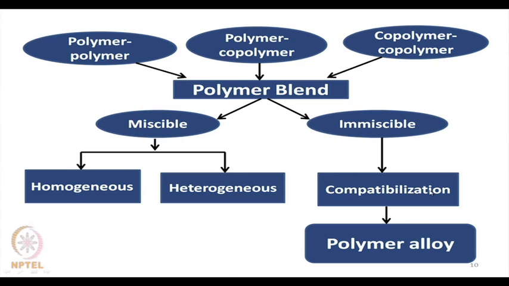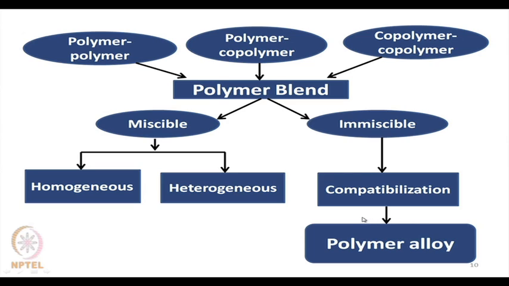That is done through compatibilization, and ultimately we get a polymer alloy, or solid solution, of two different component polymers. This way we can get multi-component polymer systems from two different component polymers, polar and non-polar. They can lead to miscible polymer blends.